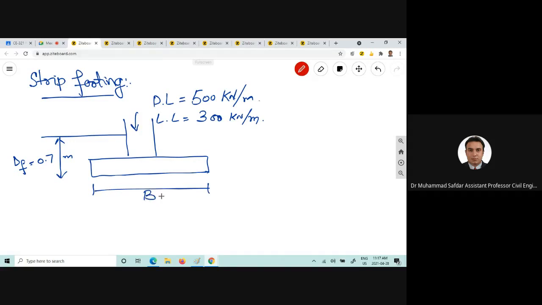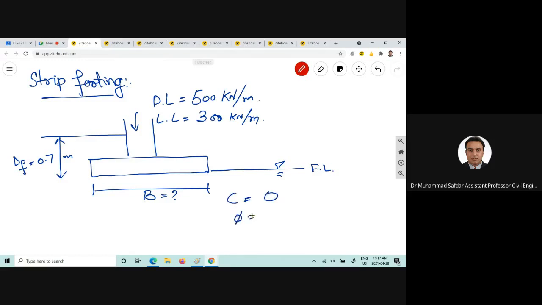We need to find out the width of the footing. The water table is at the foundation level. C, or the cohesion, is equal to 0.